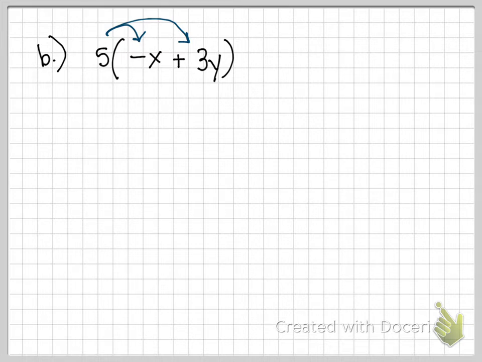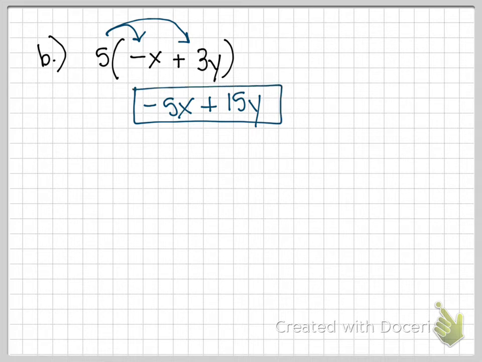Caroline, what'd you get? Negative 5x plus 15y. Very good. And we can't simplify further because why? They're different variables. They're not like terms. Very good. So this is our final answer. Simplest form.